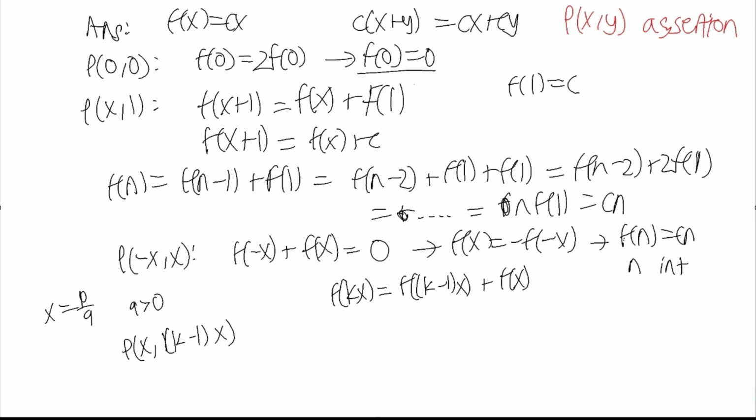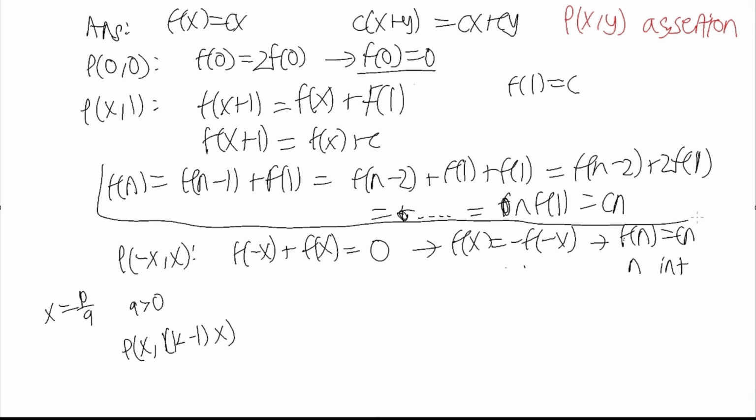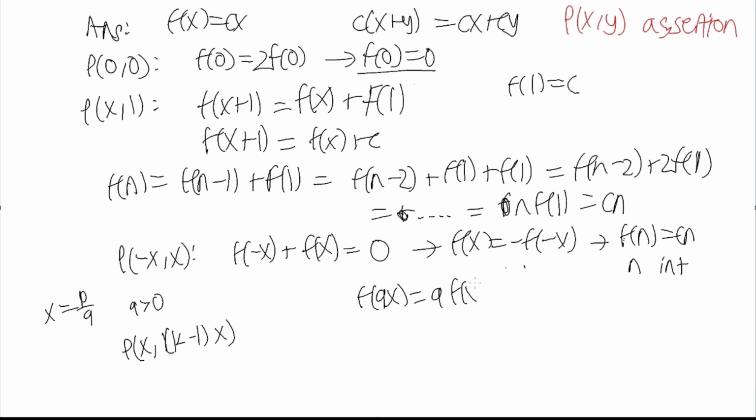And by just repeating this process over and over again, and doing something similar to this over here, which I won't exactly write out for the sake of space, we get f of qx is equal to qf of x.